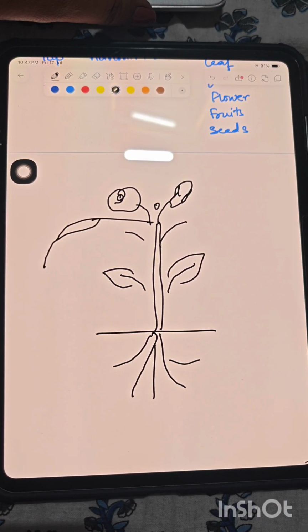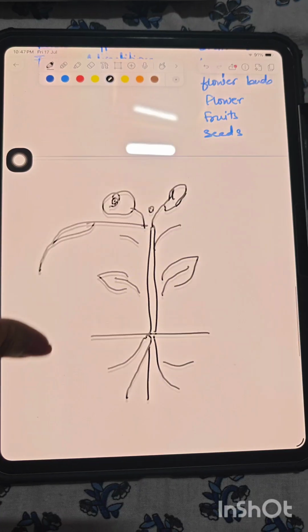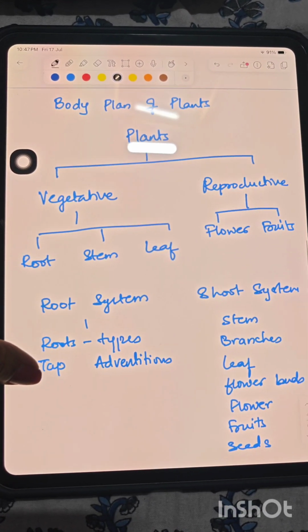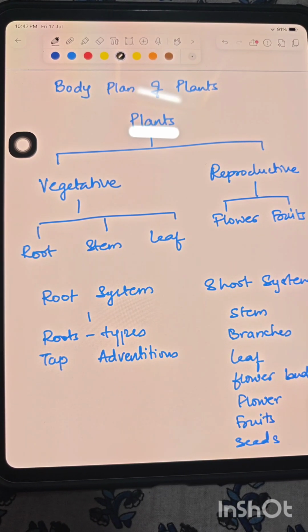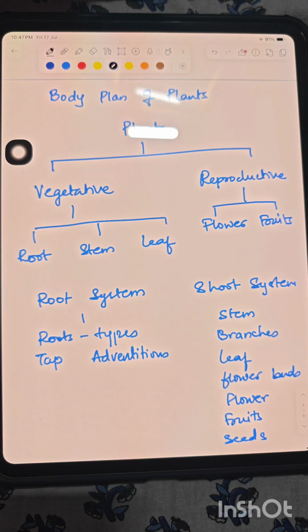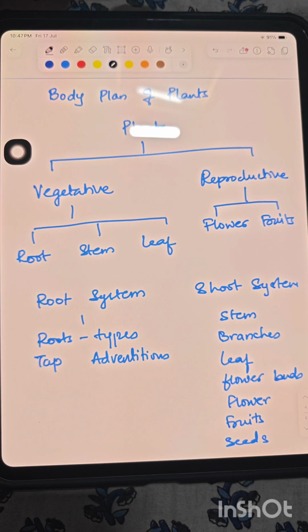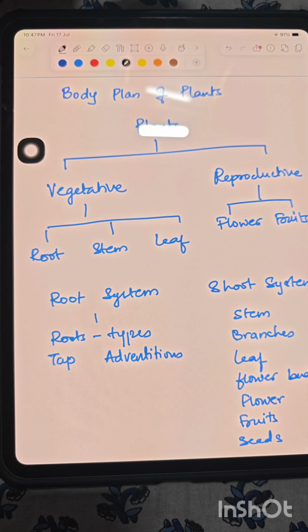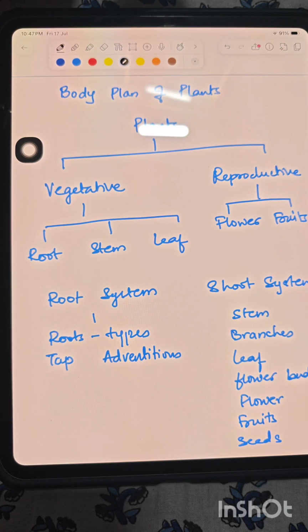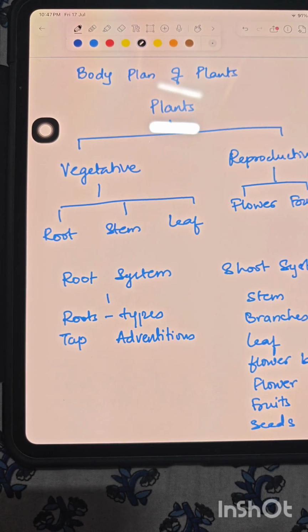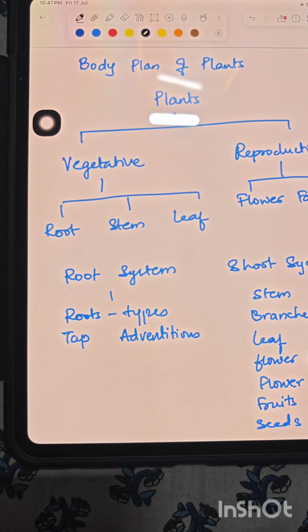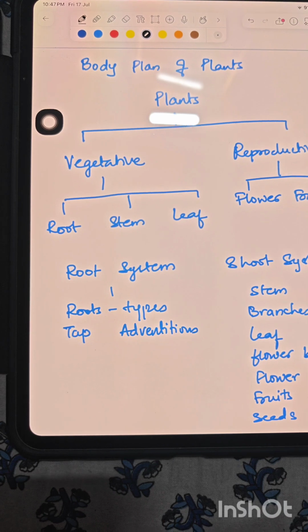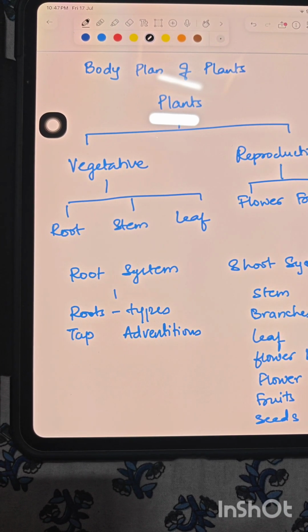So by this topic we are going to understand the body plan of plants, the general body plan of angiospermic plants or any common plants around us.